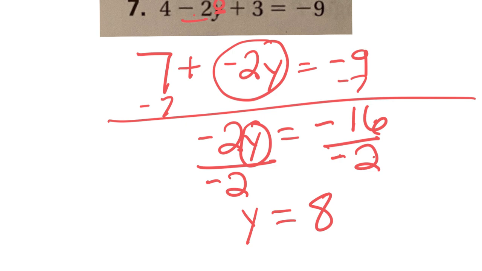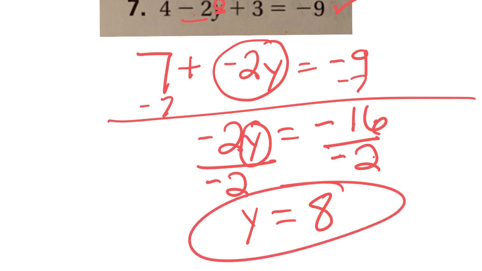Bring the 4 there and the plus 3. Now, 4 minus 16 is negative 12. Negative 12, add 3 is a negative 9. Yay, it checks out. So y is 8. Got to be really careful. Got to do all the steps. Keep concentrating on what's negative, what's positive.